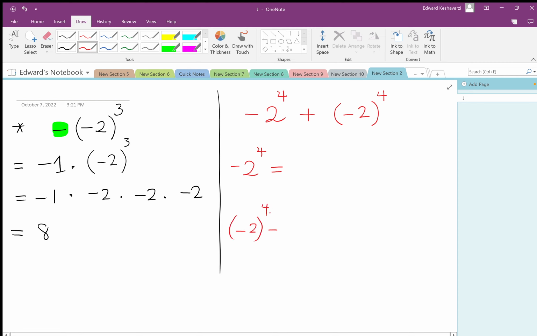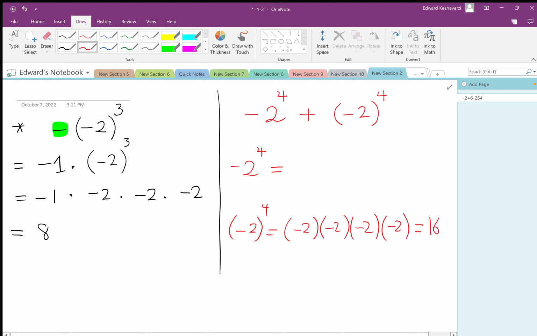So I'm going to go first with the bottom one. In the bottom one, the base is negative 2 and the exponent is 4. So of course you need to multiply the base by itself as many times as the exponent. So it's going to be negative 2 times negative 2 times negative 2 times negative 2. There are 4 negatives, so the final answer would be positive, and 2 times 2 times 2 times 2 is 16, obviously.